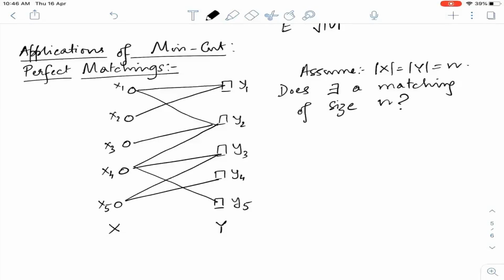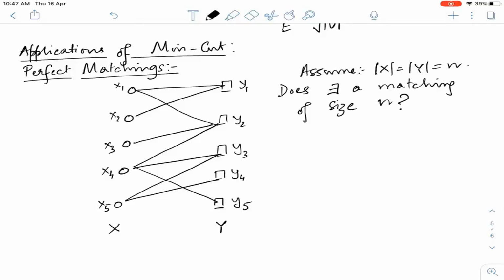Note that if a perfect matching exists in your graph, then the algorithm we have described will surely output it, because this algorithm computes the maximum matching, and a perfect matching is really the maximum matching in this graph. But the question we're asking is, under what condition will a perfect matching exist in a graph?